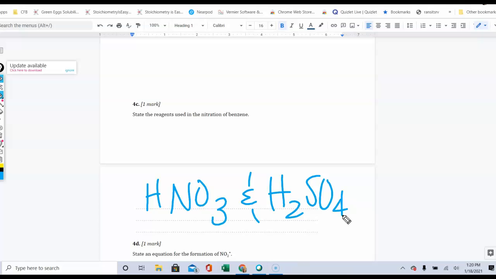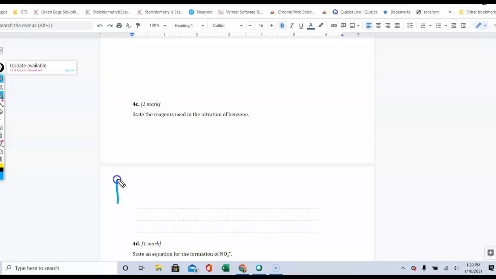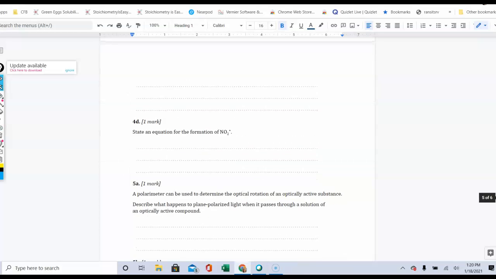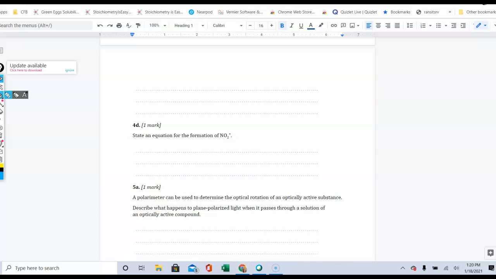And then it's asking you once again to state the equation for the formation of NO2+. It simply wants the equation. It's not asking you to determine any of the curly arrows or anything like that.